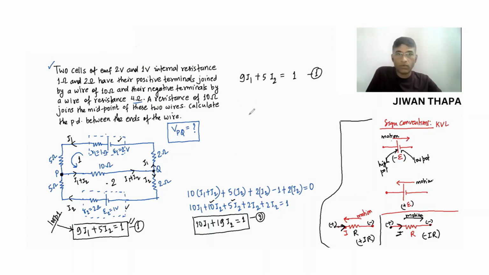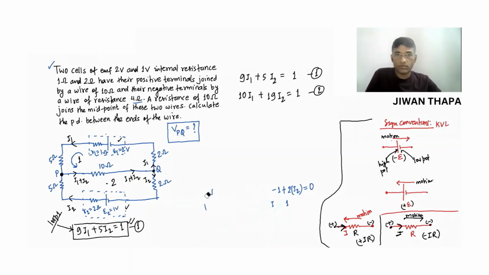Equation number 1. And equation 2 is 10 I1 plus 19 I2 equals 1. This is equation 2. I'm erasing this also. Now let us solve equations 1 and 2.